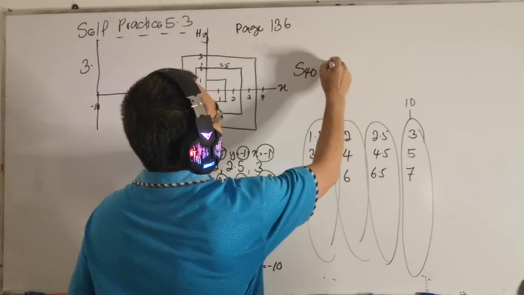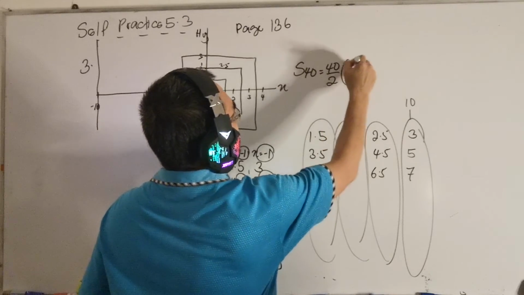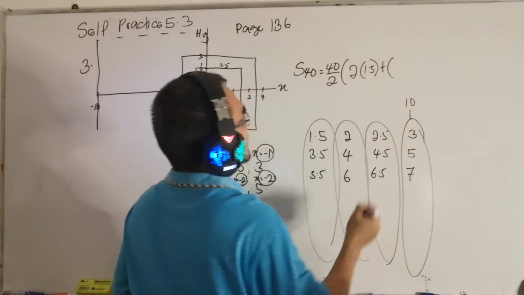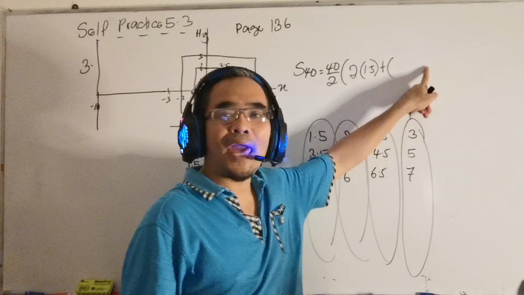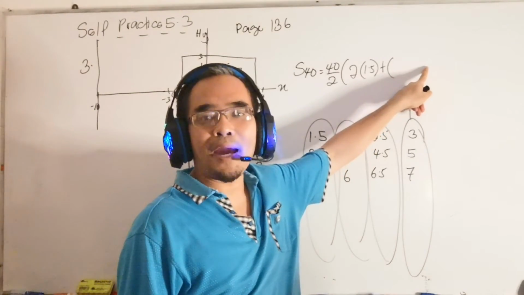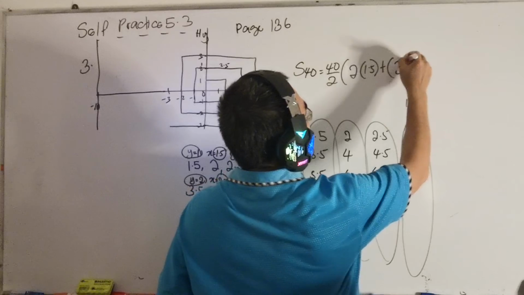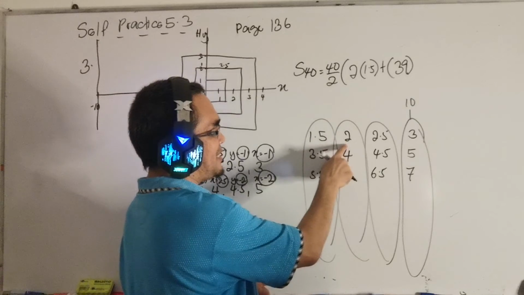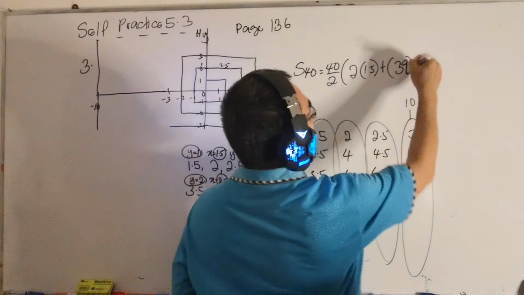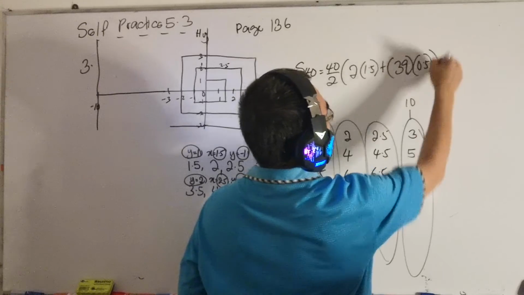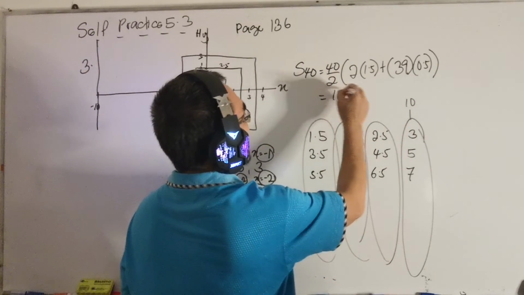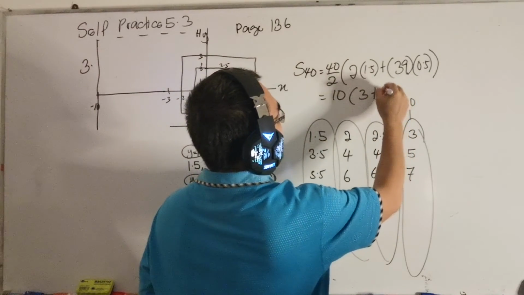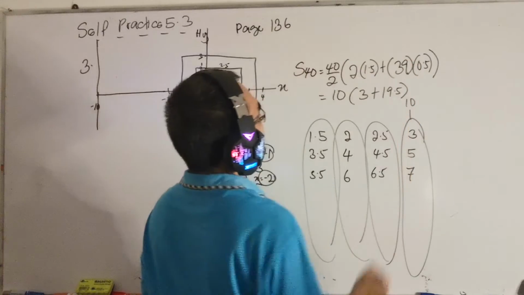So we calculate S40, which is 40 over 2, times 2a, where a is 1.5, plus, in the bracket, n minus 1, so 40 minus 1 will be 39, times d. d in this case is, because this is the first number and this is the second number, 2 minus 1.5, which is 0.5. So you have 3 here and 19.5 here.